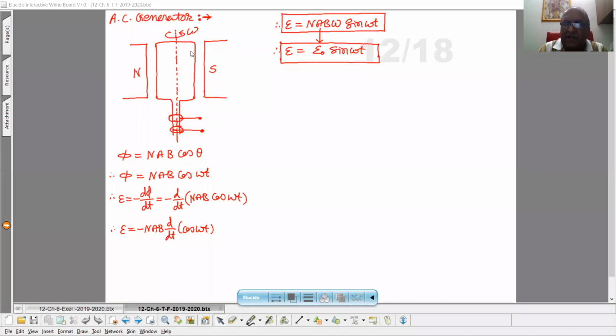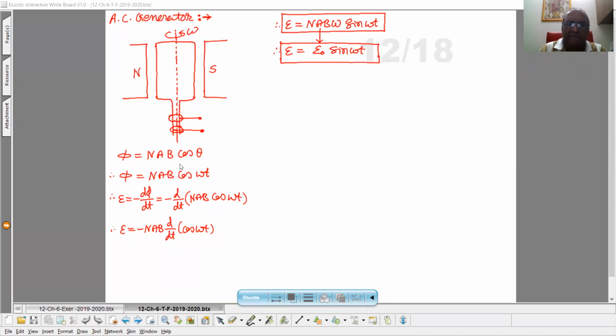Now if this particular coil is rotated in this magnetic field with angular speed omega, then the flux associated with it will be continuously changing, and it will produce the EMF.